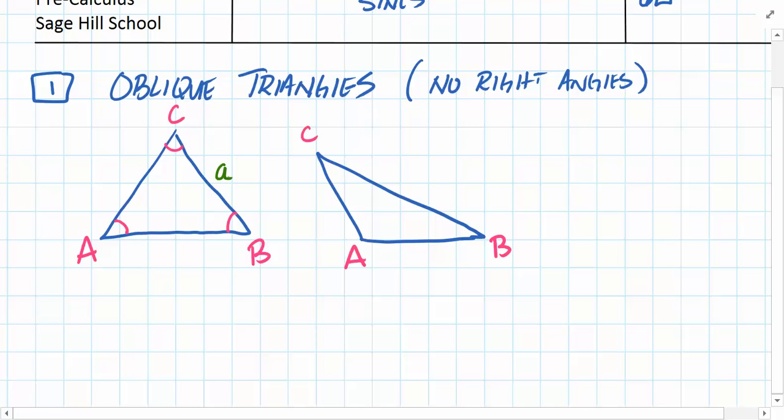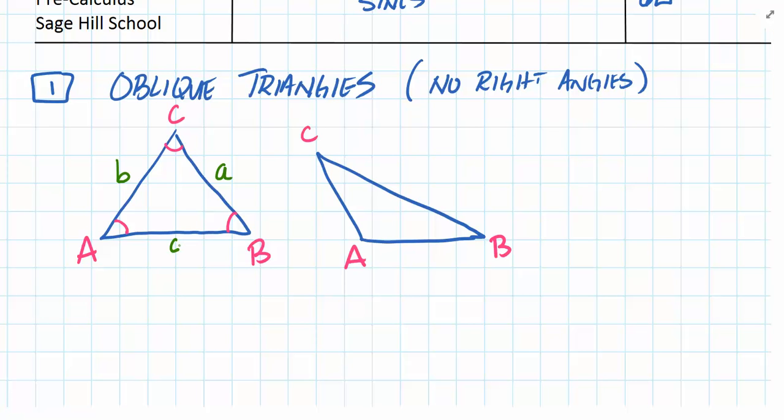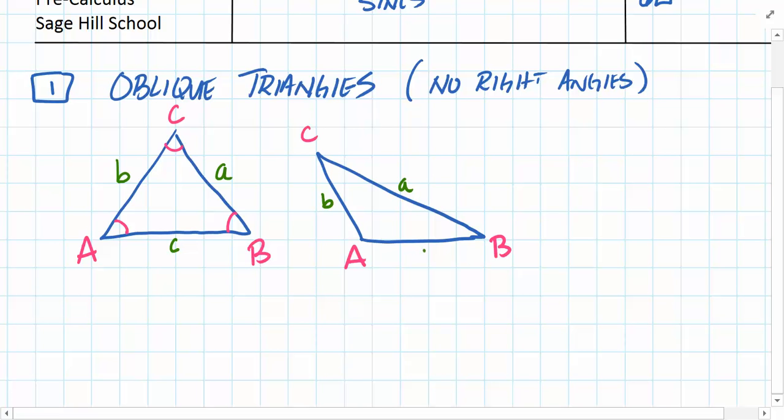The side that's across from angle B is going to be called little b. And then the side that's across from angle C is going to be called little c. So it doesn't matter how you set them up, as long as you have that proportion, right? So across from A, little a, across from B, little b, across from C, little c.